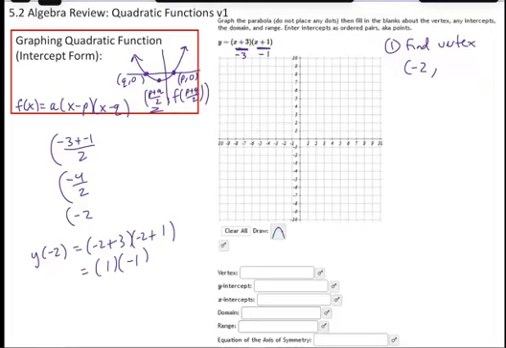So my y-coordinate is going to be, in this case, negative 1. So there's my first step. My vertex is negative 2, negative 1. I will plot this point, so I select my graphing utility, negative 2, negative 1. Okay, now I'm going to plot a second point.